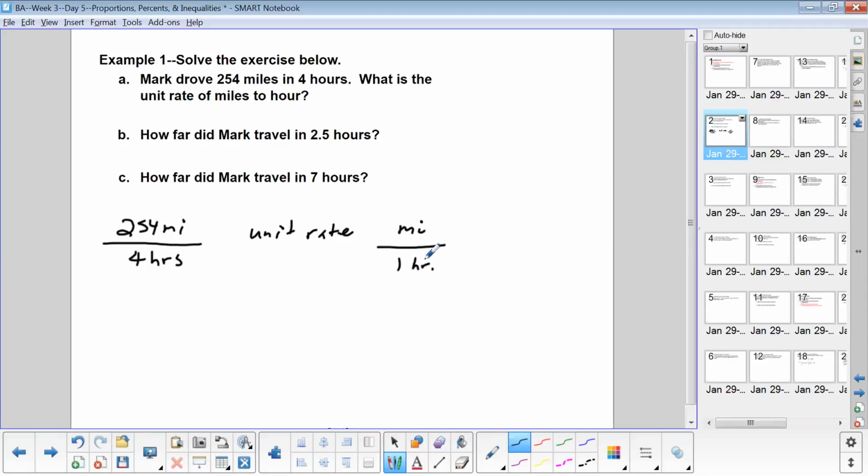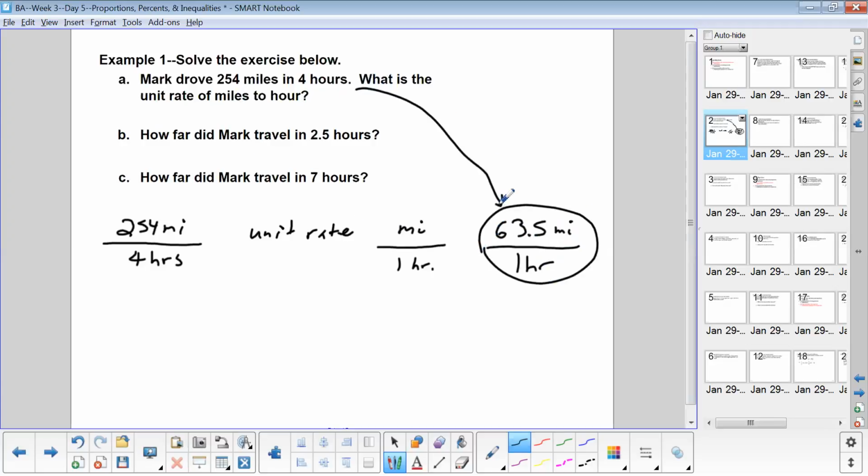That's all a unit rate is asking, what it would be when it's divided by 1. So you take 254 and divide it by 4, and you get 63.5 miles per 1 hour. That would be the answer to part A.